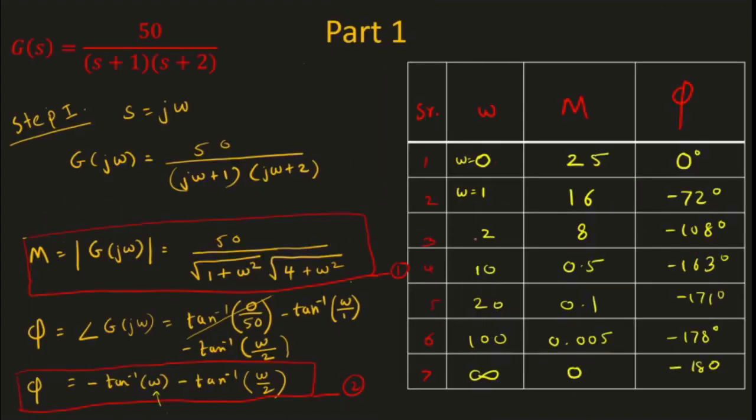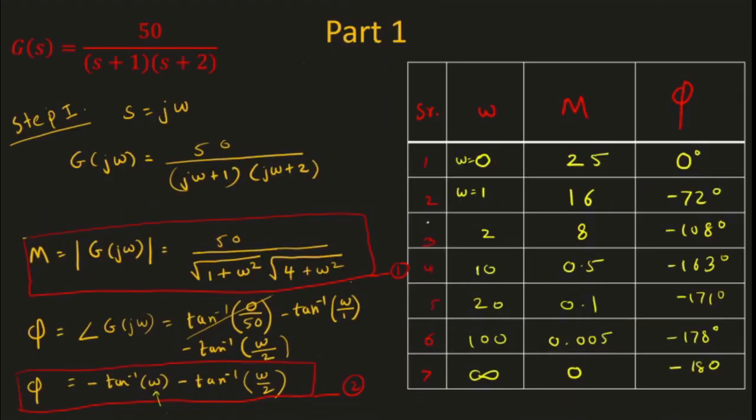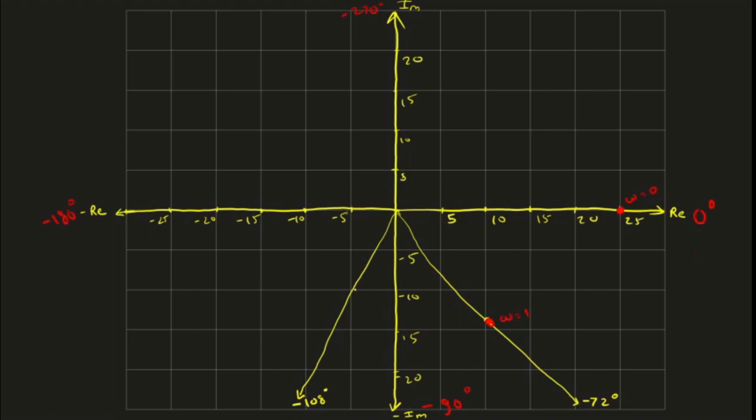Next point is omega equal to 2, the magnitude is 8 and phase is minus 108 degree. So minus 108 will come somewhere here. Say this is minus 108 degree and the magnitude is 8 somewhere here at omega equal to 2.